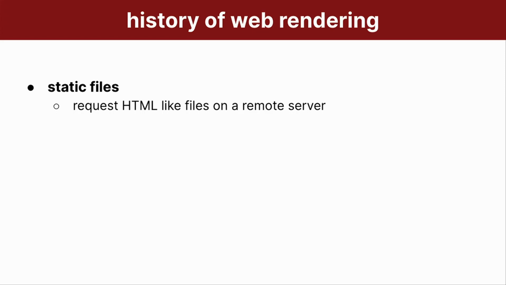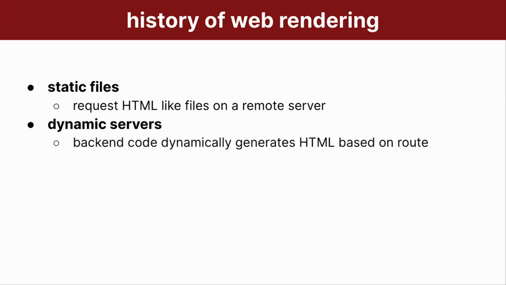So the web was very simple, just static data and nothing else. And in the next iteration, we had dynamic servers. Now you can run backend code like C# or PHP or Ruby or Java to dynamically generate this HTML based on the routes. And you can access databases or other data sources to actually create an app-like experience or just something more than static files.